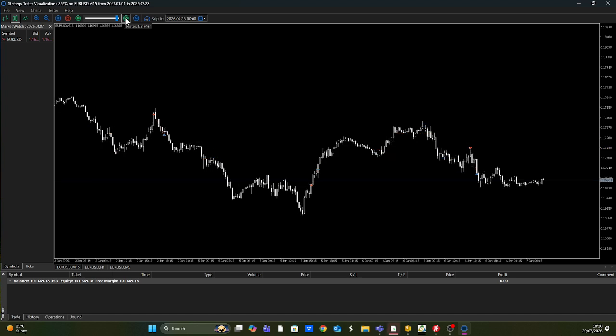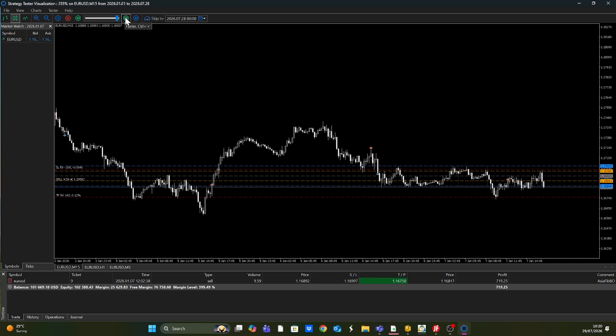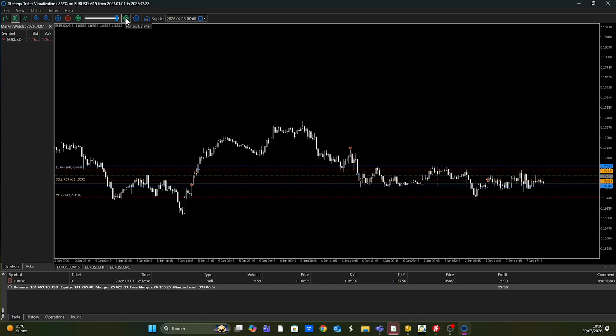But 2026 conditions are difficult to grasp because of all of the geopolitical stuff that's been happening. It's had a big impact on volatility, and it's had a big impact on the strength or the weakness of the euro and the US dollar.